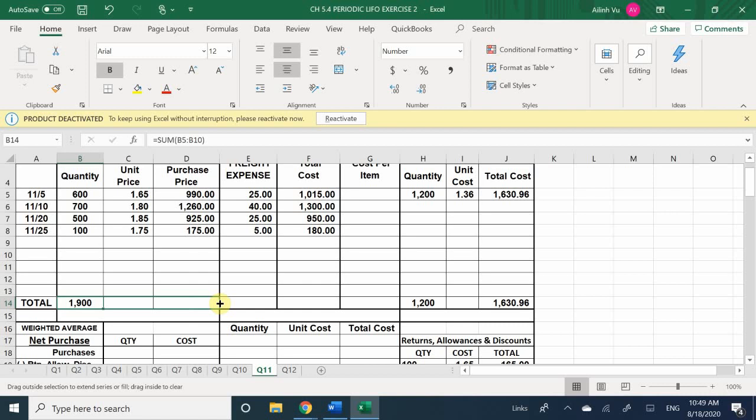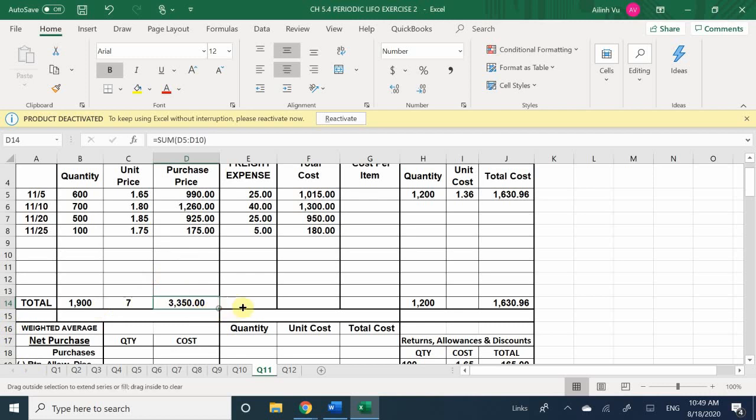What is my total purchase price? $3,350 even, right?